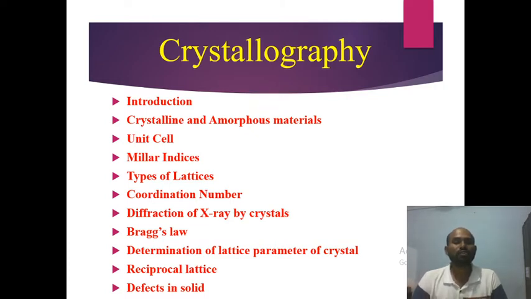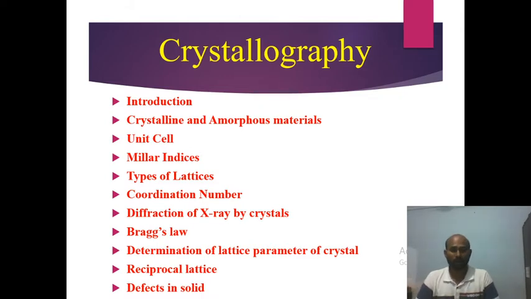Next, determination of lattice parameter of a crystal, in which lattice parameter means a, b, c length elements and angles alpha, beta, gamma for different crystal structures. In 2D there are 5 types of crystal structure, and in 3D there are 7 types of crystal structures. Next we see the reciprocal lattice.